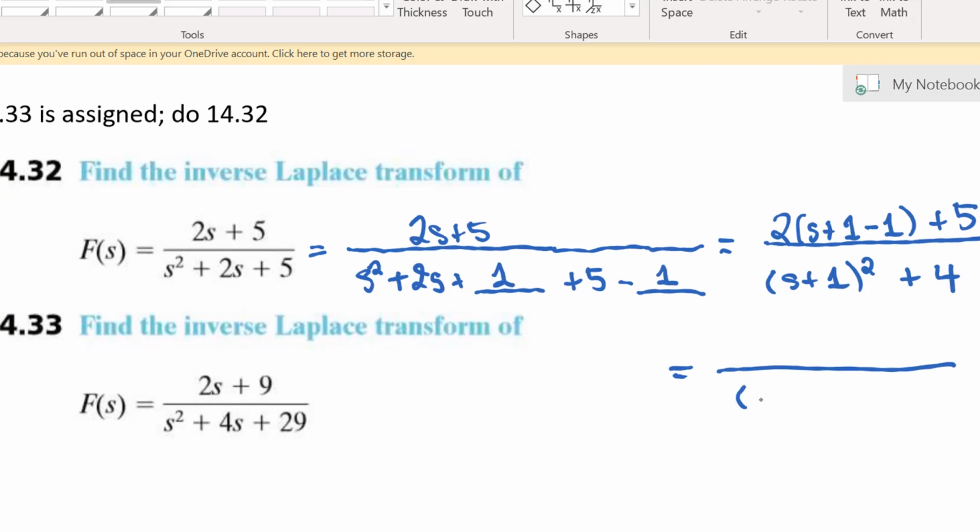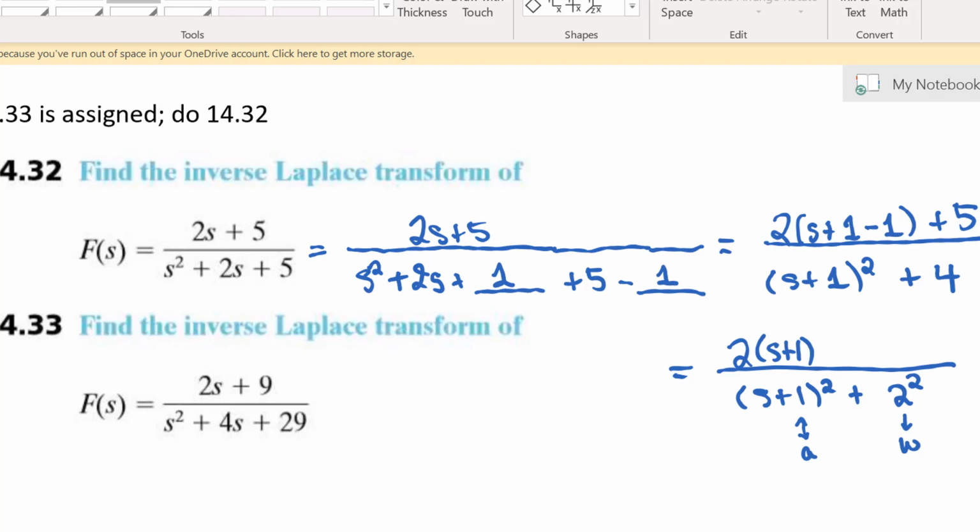So the denominator s plus 1 squared plus, now instead of 4, I'm just going to write it as 2 squared, because that was the form it was in the table, s plus a squared plus omega squared. So this is our omega, and then our a is going to be 1. So think of splitting this up as 2 times s plus 1.